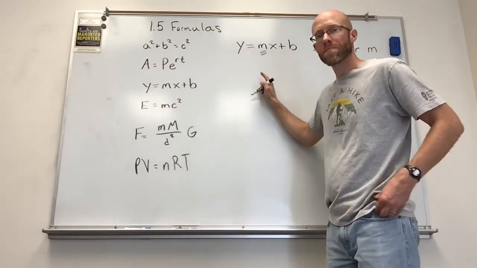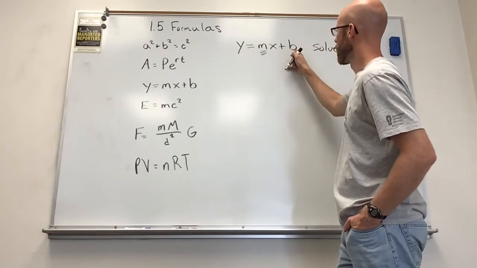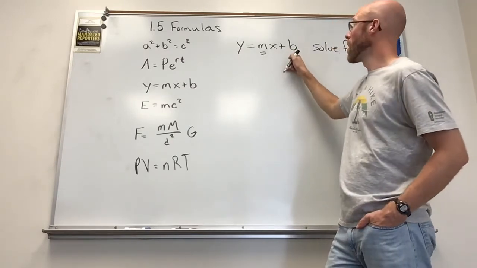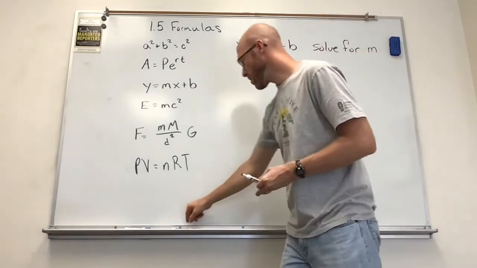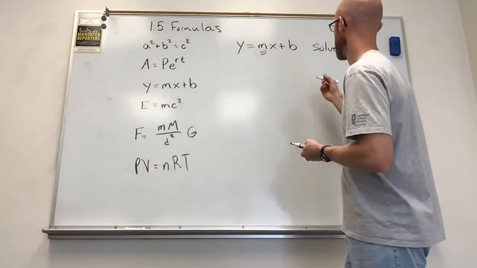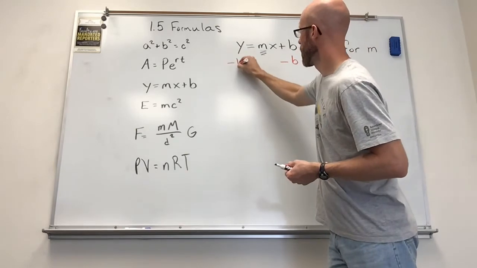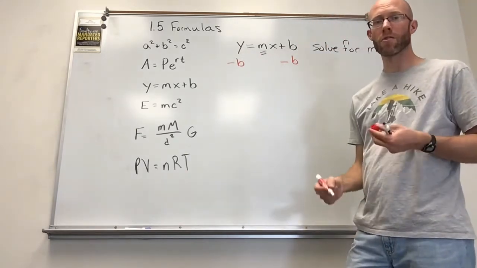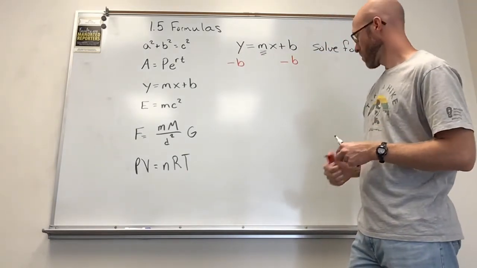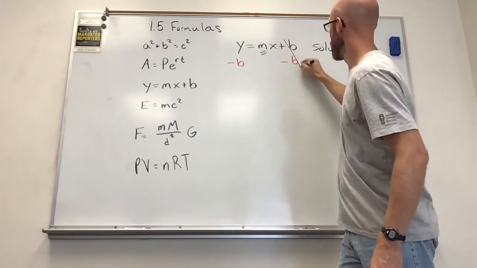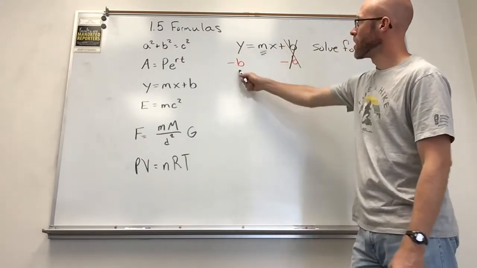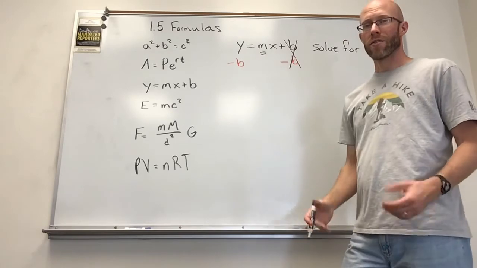So here, I want to get rid of the b first. I'm going to subtract b from both sides of this equation. Again, if I subtract b from one side, I have to subtract b from the other side. On the right side, they'll zero out. On the left side, however, they don't combine.